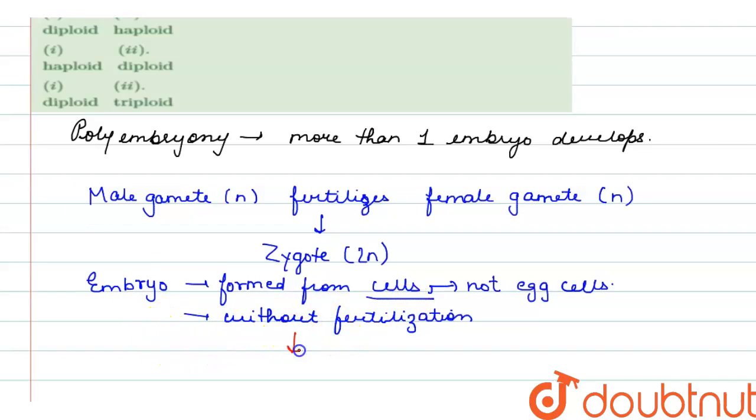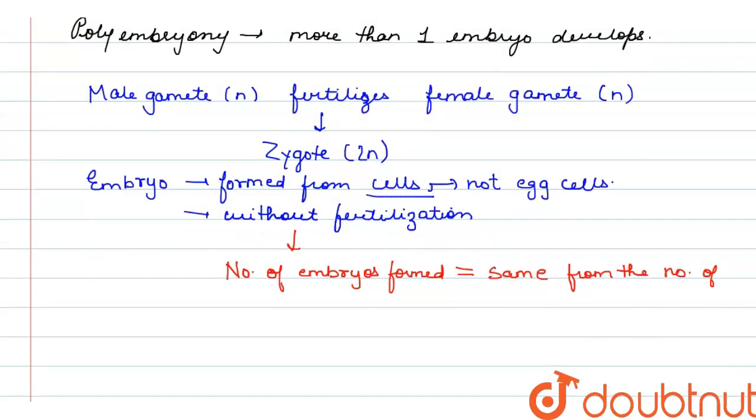So due to the lack of fertilization, the number of embryos formed will be the same as that of the cell from which it has been formed.